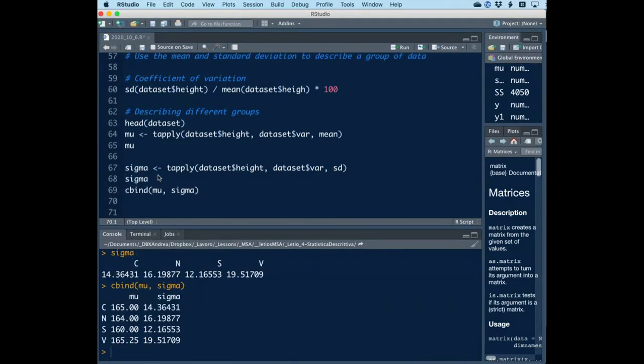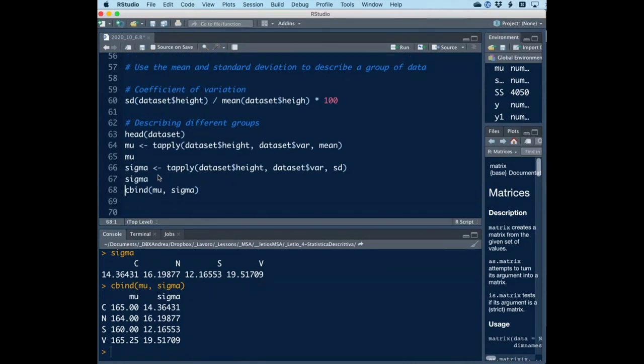So now we can cbind. In order to create a data frame with the means, we simply cbind mu and sigma into df.